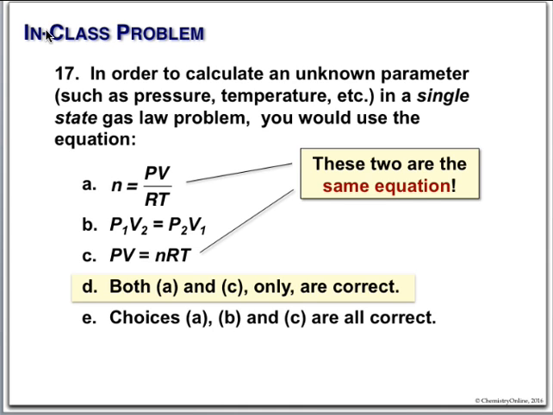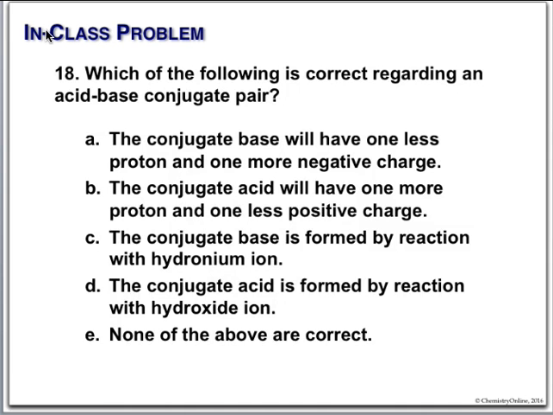All right, I'm almost embarrassed to show this next question because we've said this like 17 times in the last 5 minutes. Which is correct regarding conjugate acid-base pair. We have one less proton and one more negative charge.